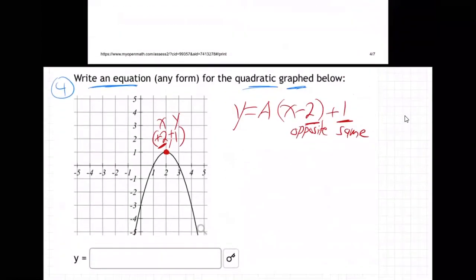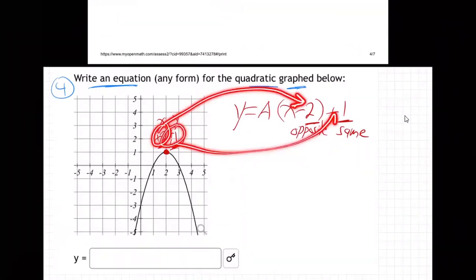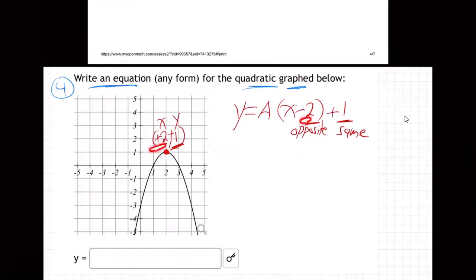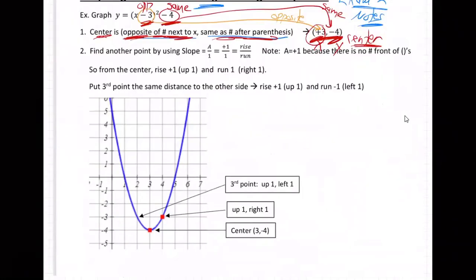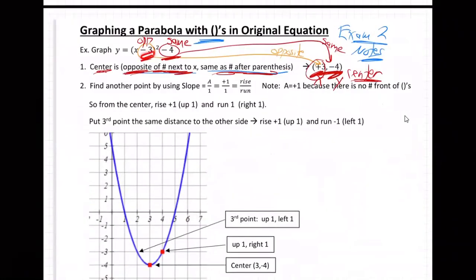So I just go, oh, the center, I can see it just by looking. So I go opposite, -2, same, +1. The x value goes next to x. The y value goes after the parentheses. That's what we see in the notes right here. Opposite is your x, and the one out here is the y, and it's the same.